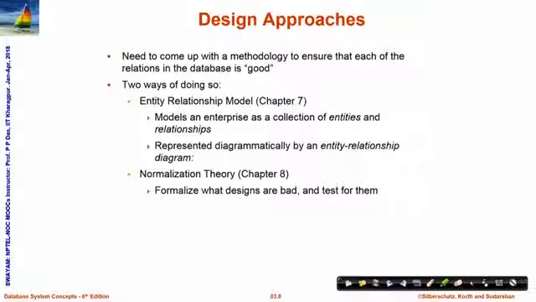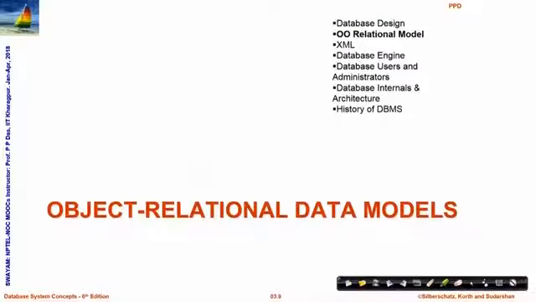We try to formalize and evaluate whether a design is good or bad, test it for quality, and then normalize to make it the best possible. So, starting from the entity relationship model, which captures the real world, to the actual database schema, there is a process of representation and then capturing of ground truths that should hold in the database system, and then normalizing the database is a basic requirement of the design approach.